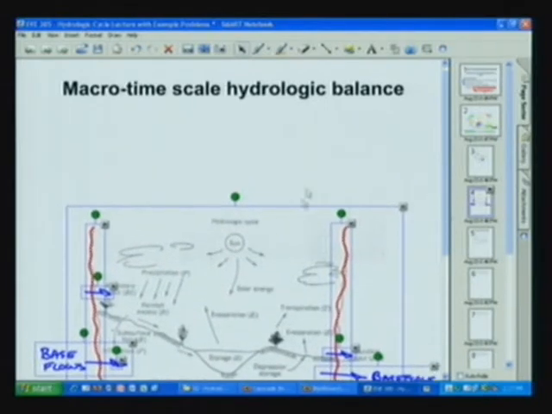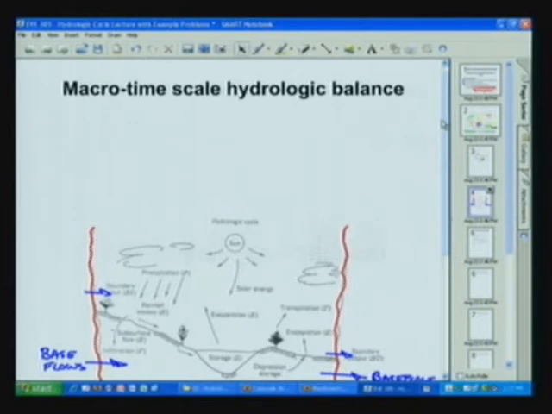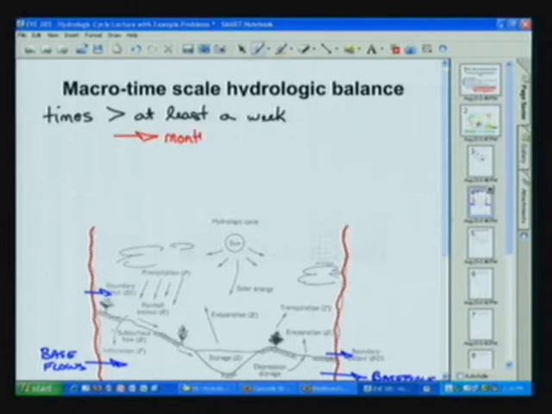So when we talk about macro timescale hydrologic balances, this is times that are greater than at least a week in general. We may do some things on a daily basis, but for the macro scale, it's at least a week, and you're probably looking more at monthly or yearly time periods.